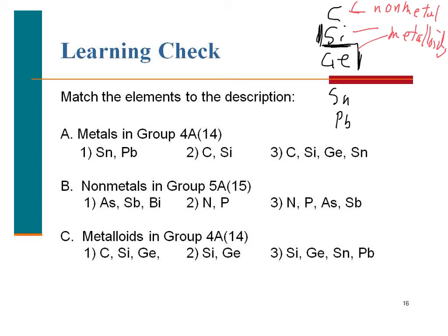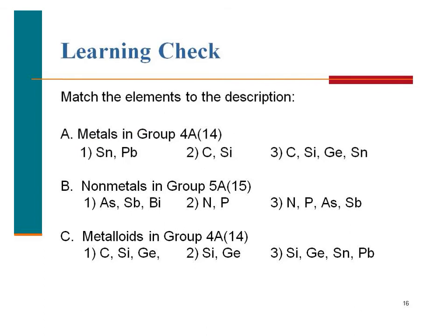But at any rate, so we're looking for metals. Since silicon and germanium are metalloids, they don't count. That leaves only tin and lead as our metals, which happens to be choice 1. Next, we're looking for nonmetals in group 5A.